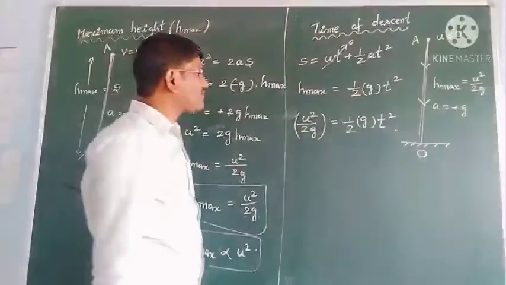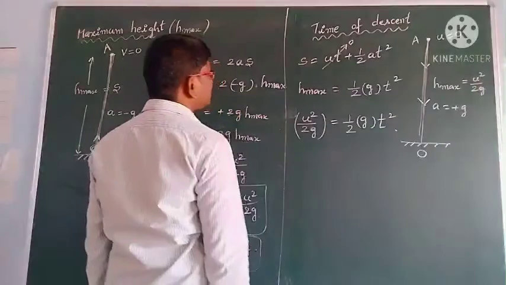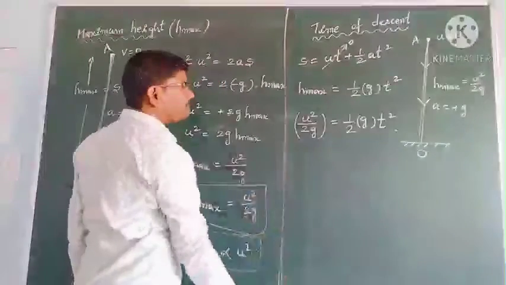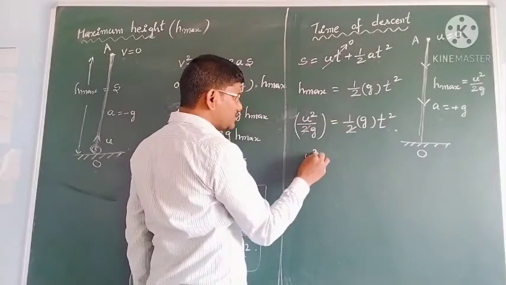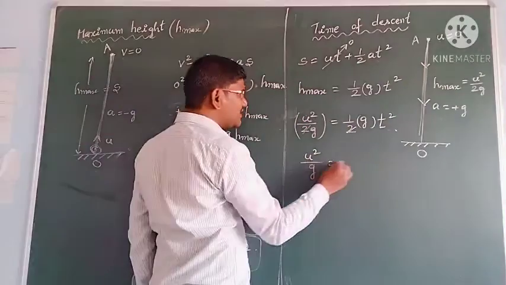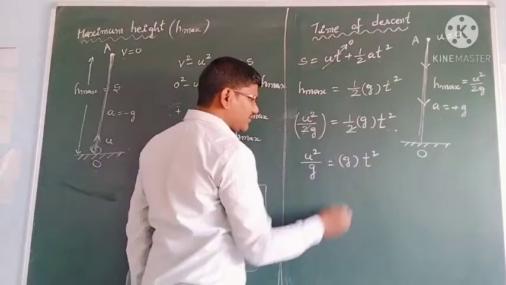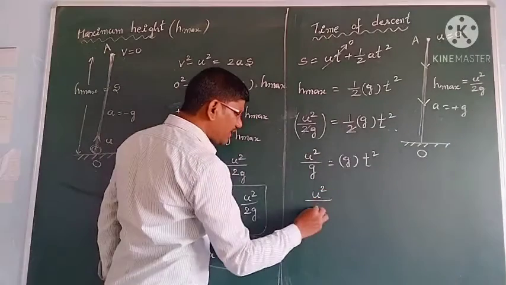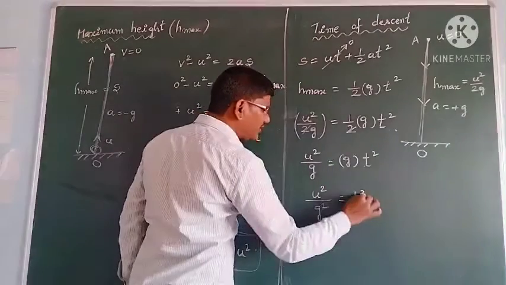Okay students. So then you see students, u square by 2g equals half g t square, this 2 gets cancelled. So what do you have? u square by g is equal to g into t square. Then sending that g to the downward direction, u square by g square is equal to time of descent square.